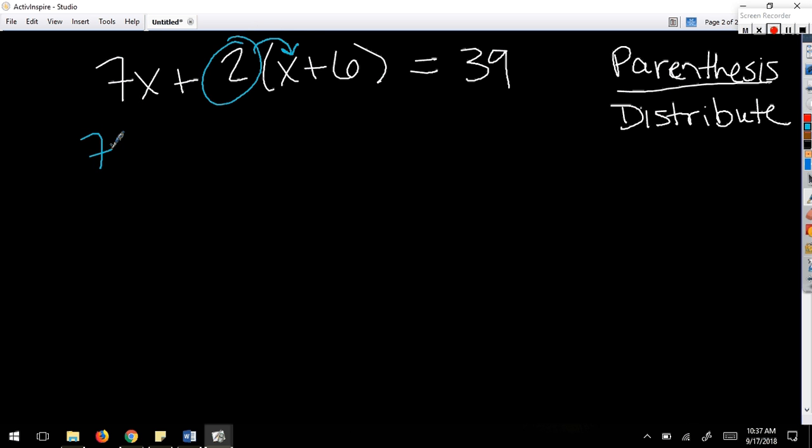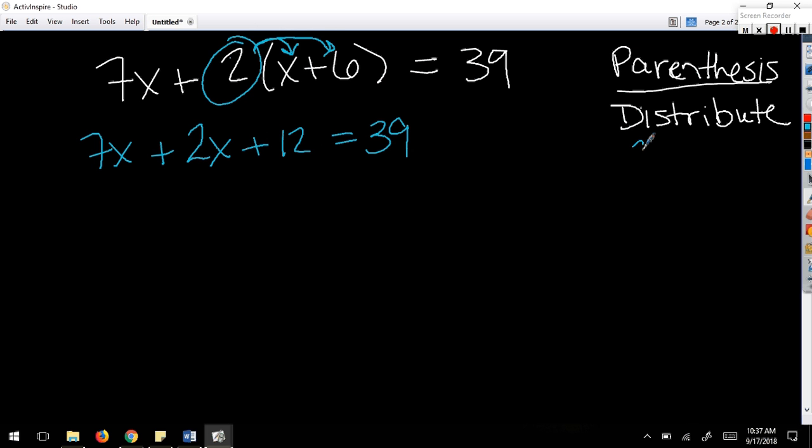So I'm going to just rewrite this 7x here. 2 times x is 2x. Plus 2 times 6. What's 2 times 6? 12. So when I distribute, the number in front gets multiplied to both pieces in the parentheses.